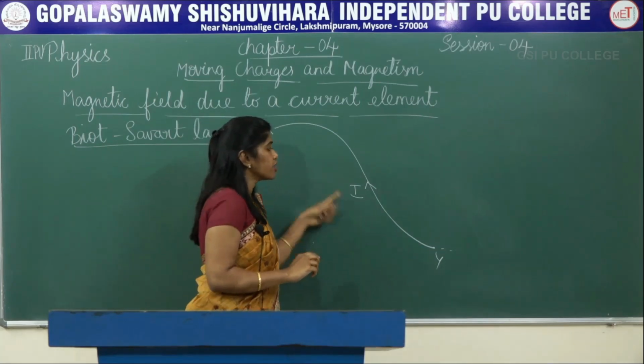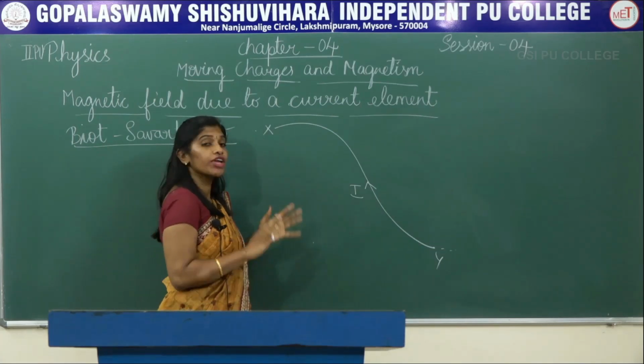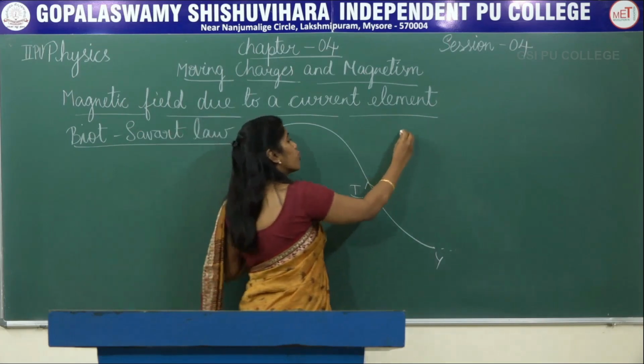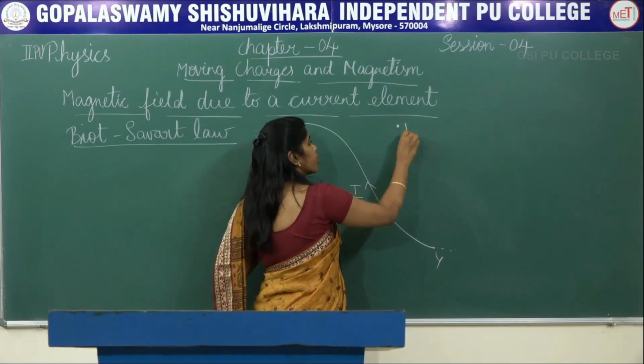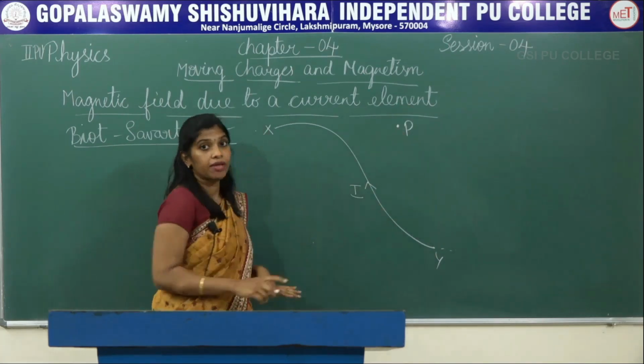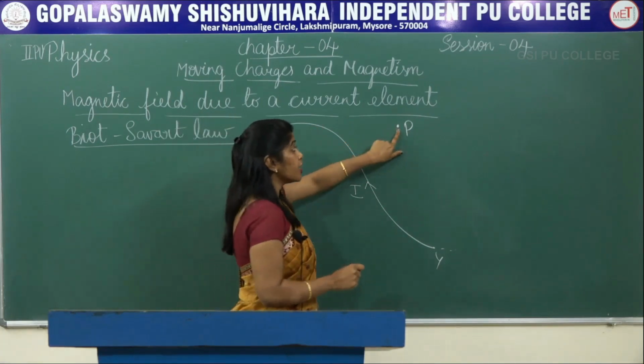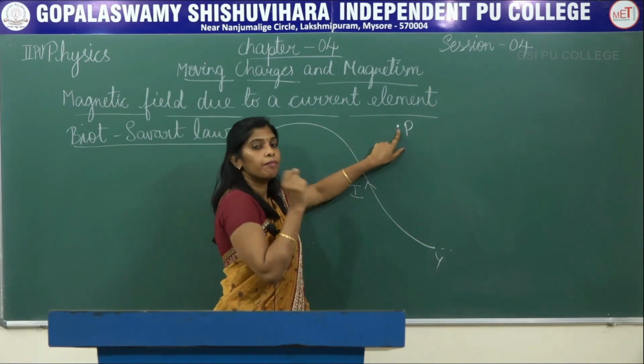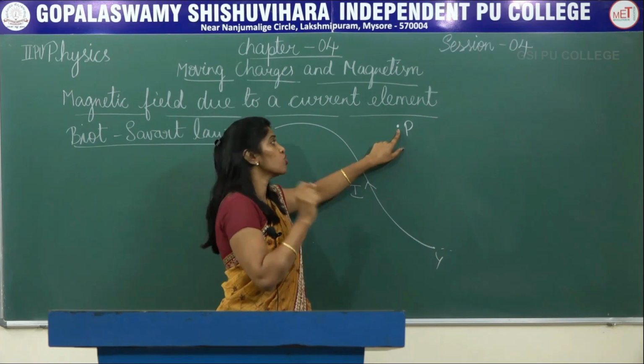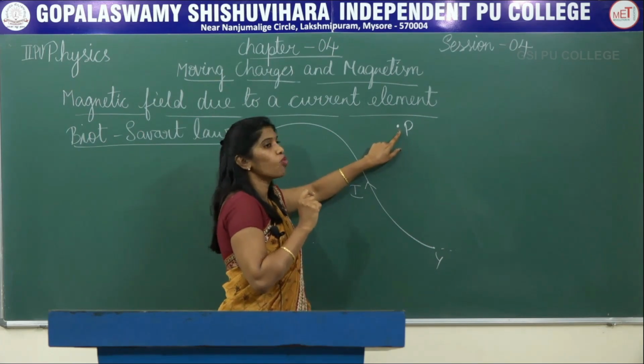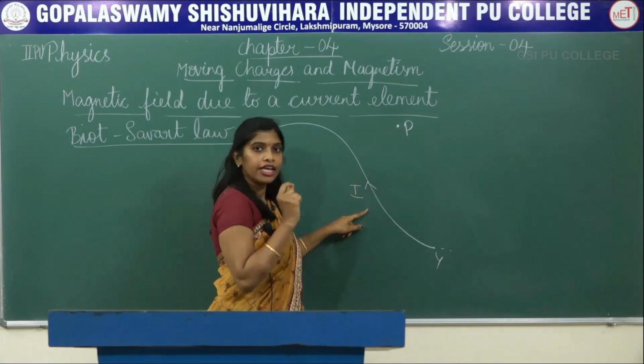So I is the current flowing in this conductor of infinite length, and I am going to consider a point somewhere here, and that point is P. Now I need to find the magnitude and also the direction of the magnetic field at this point P due to this current carrying conductor.